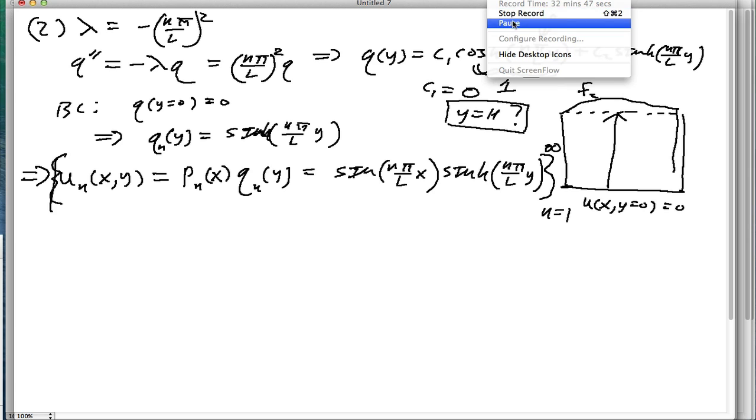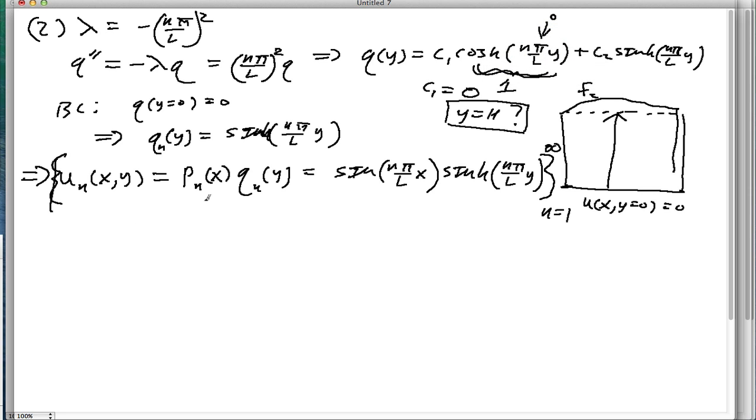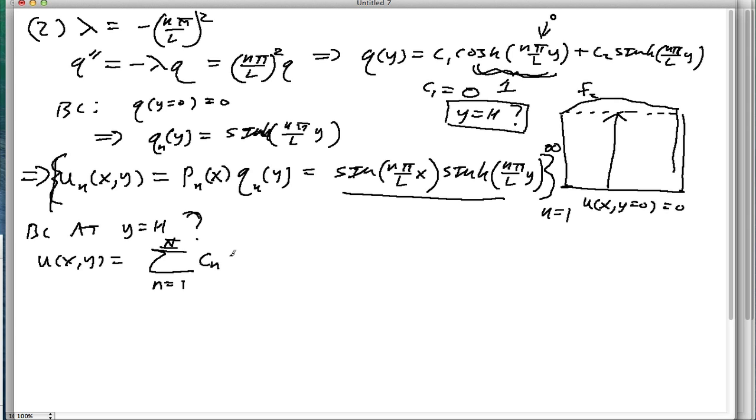So we have this family of functions, and we now need to go assess this final boundary condition at y is equal to h. We want to know what's going on there. So what we're going to try to do then is say that u of x comma y is going to be some sum, n equals 1 to capital N, and N can be arbitrarily large, just we don't want to worry about it being infinite quite yet, of Cn times these solution families.